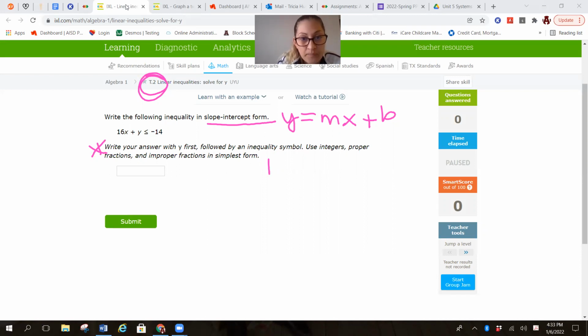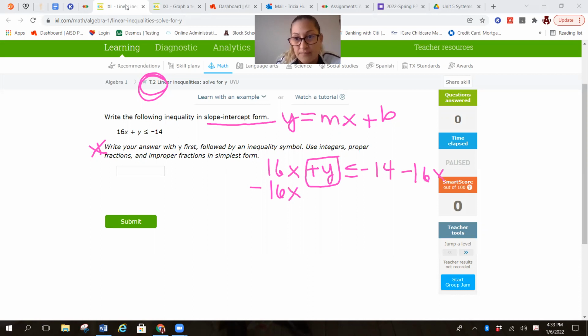So here we go. 16x plus y is less than or equal to negative 14. We're going to solve for y just like we always have. Box the y, move the x, divide, divide, divide. Now, there's no number inside of the box. It's just a positive y.